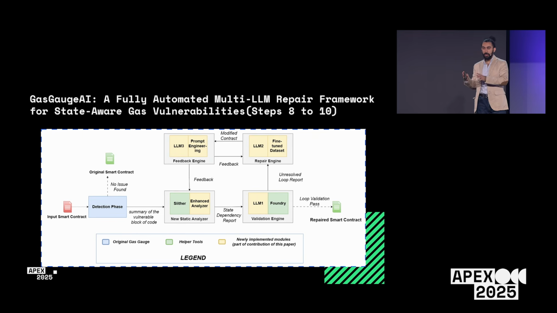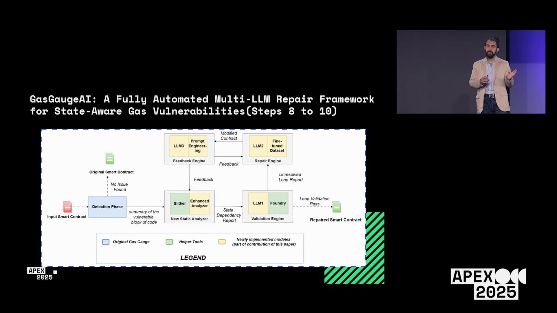Once LLM2 is done, the result is passed to LLM3, which is our feedback engine. The job of LLM3 is to see whether LLM2 did a good job. If it figures out that the repair is correct, and it could be the repair that was needed, then it passes the result to the static analyzer and LLM1 to validate the result.